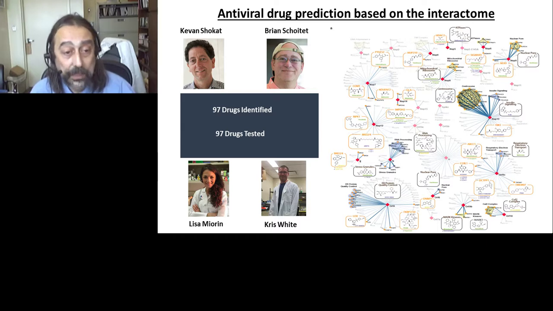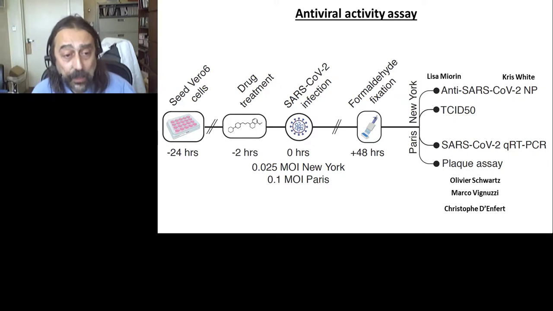So how do we test these inhibitors of viral replication? For that, we developed a medium-throughput assay to look for inhibitors of viral replication in vitro. In the beginning we use Vero E6 cells, which support viral replication very well, and we seed them into 96-well plates. Then, 2 hours before we infect them, we treat the cells with a drug known to interact with one of these host factors, at different dilutions.